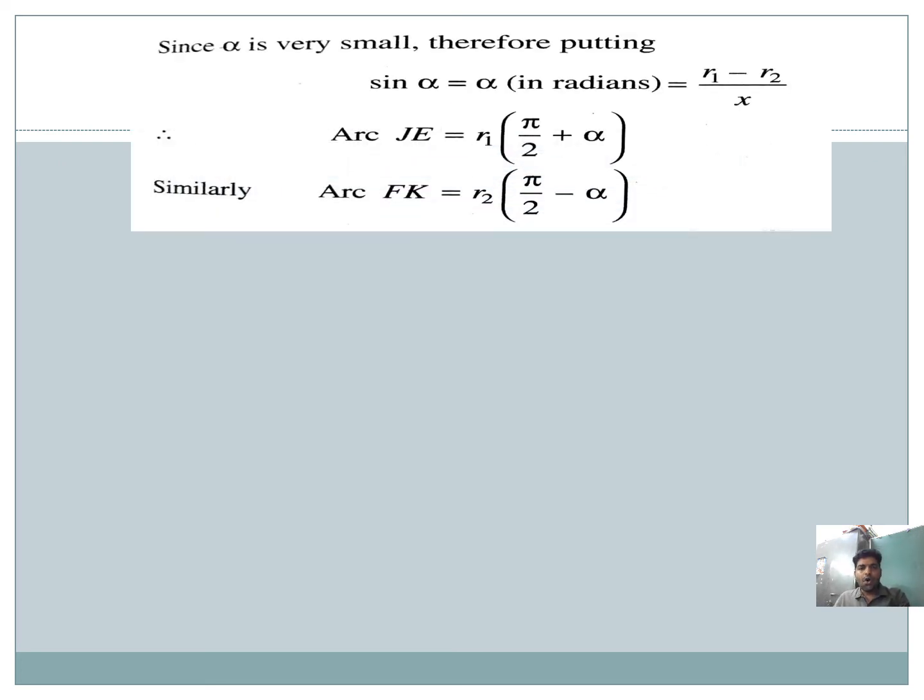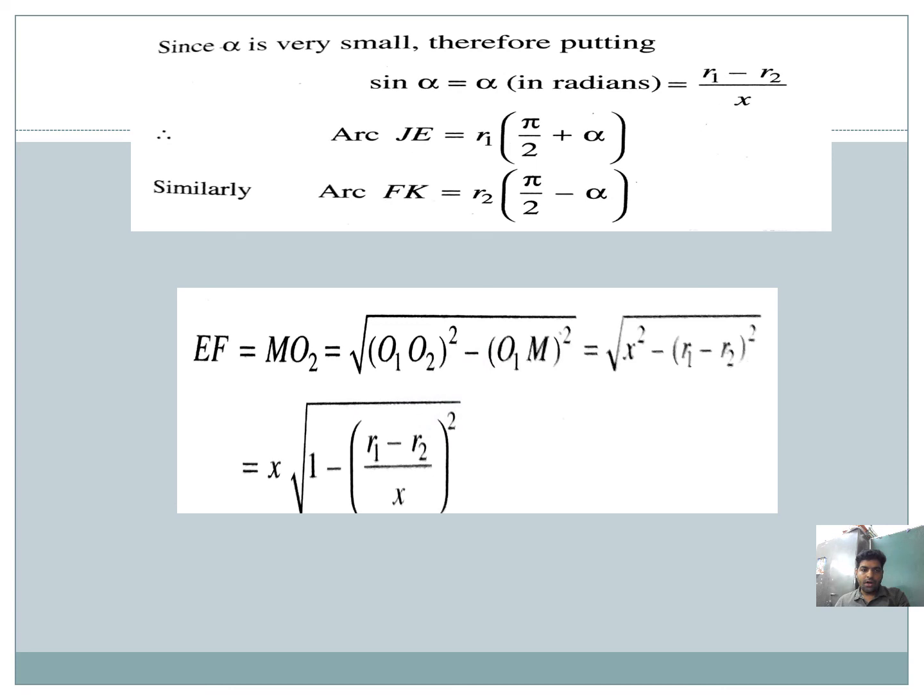Since the value of alpha is very small, we put the value of alpha as (R1 minus R2) divided by x. So arc JE equals R1 into (pi by 2 plus alpha), and arc FK equals R2 into (pi by 2 minus alpha).